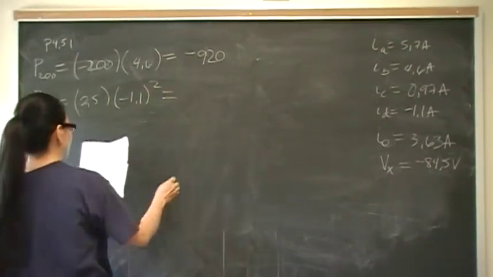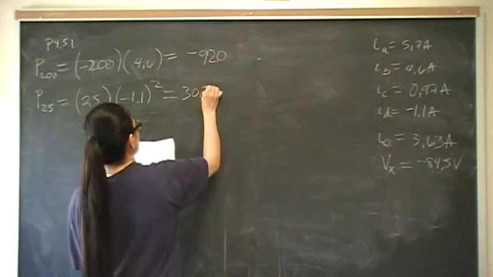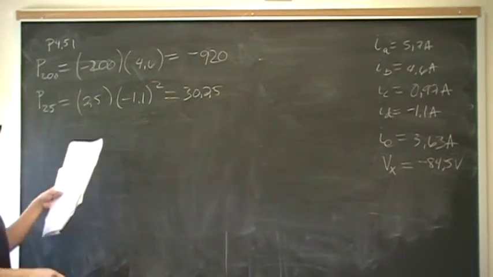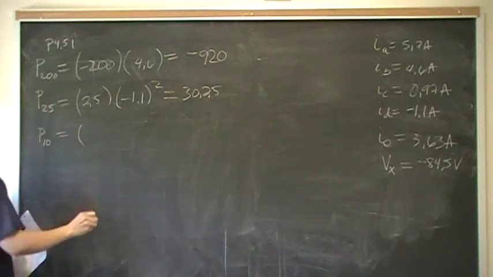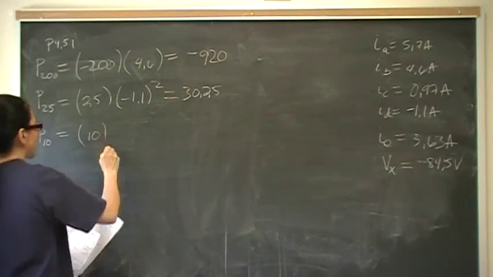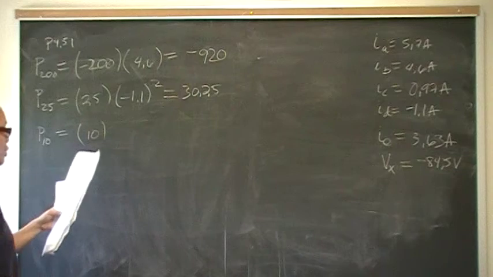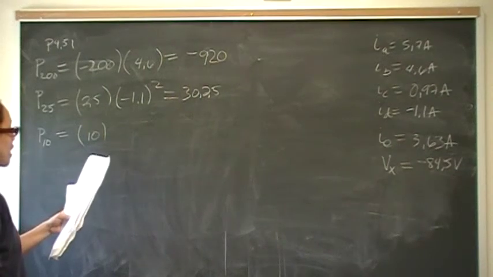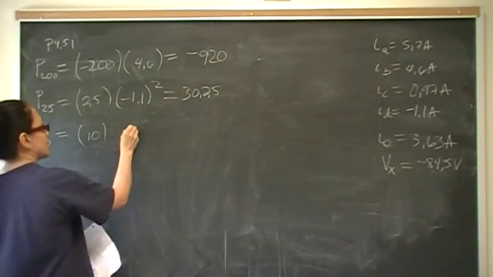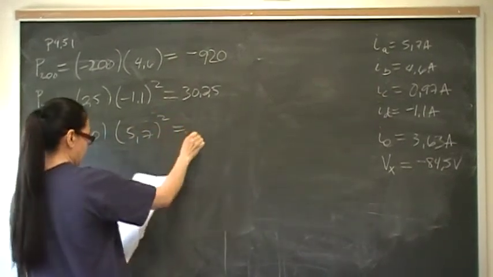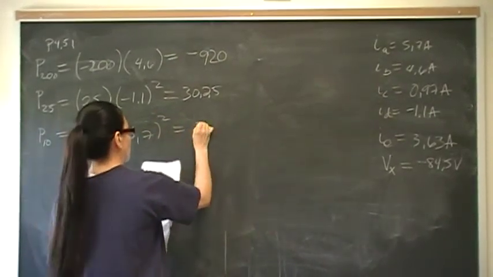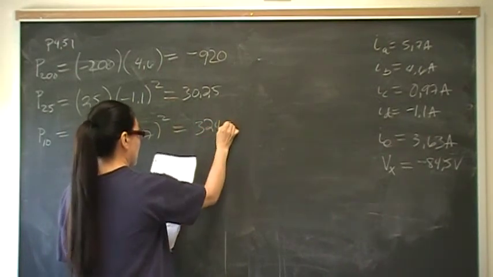When you do that math, you should come up with 30.25 watts. Then P of 10 is I squared R. The R is 10. The I is IA. So that's going to be times 5.7 squared. And that gives me 324.9 watts.